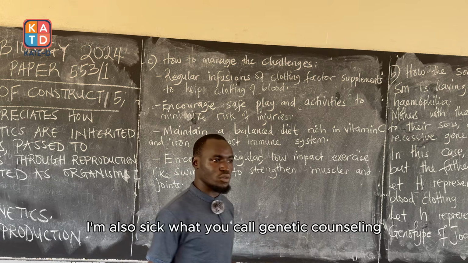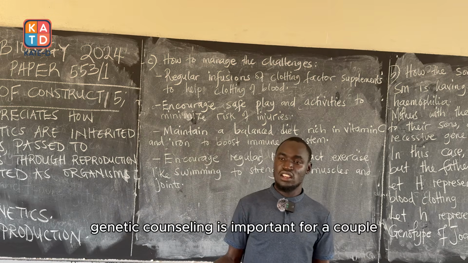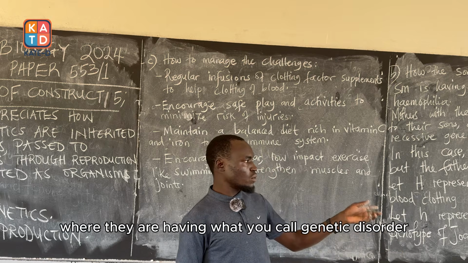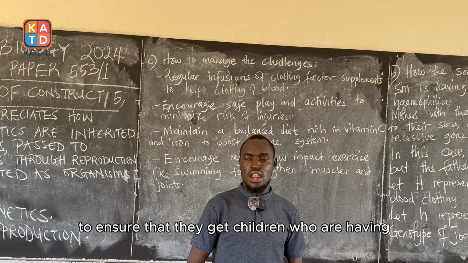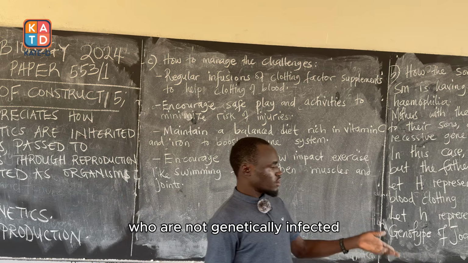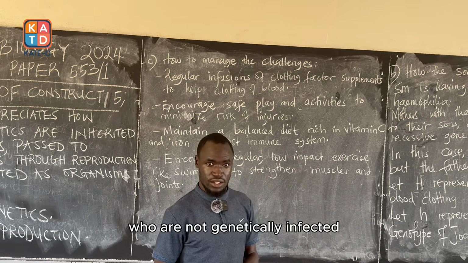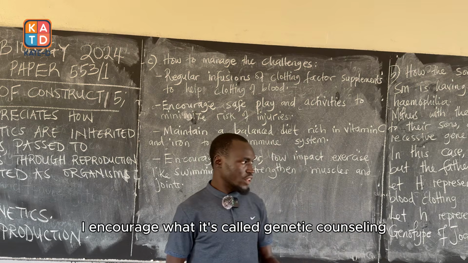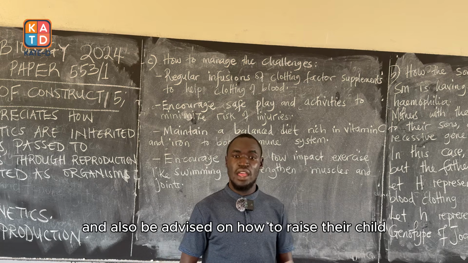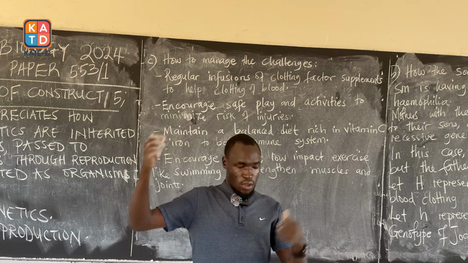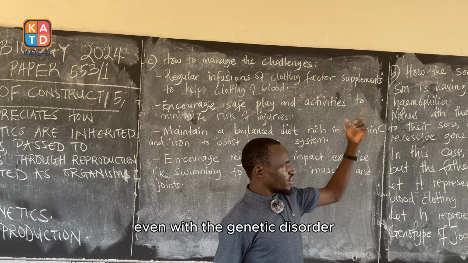And also seek what we call genetic counseling. Genetic counseling is important for a couple who have a genetic disorder, to ensure that they get children who are not genetically affected. That's why we normally encourage genetic counseling, and also being advised on how to raise their child to live a long lifespan, even with the genetic disorder.